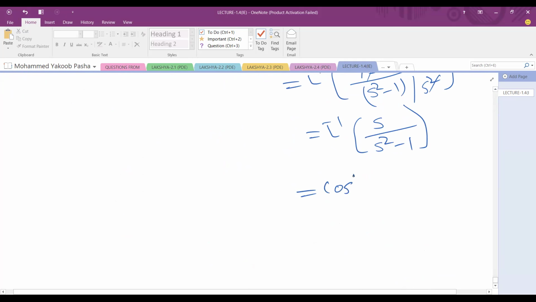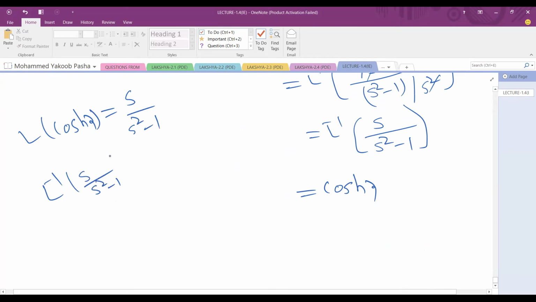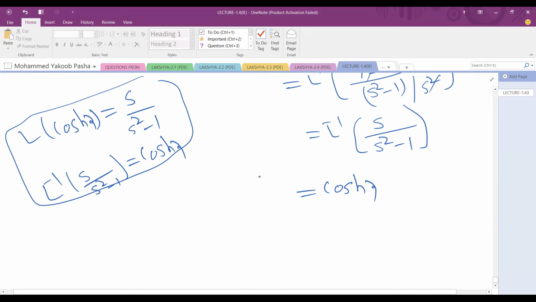Cos hx. We know the formula. Laplacian of cos hx is equal to s by s square minus 1. So that inverse Laplacian of s by s square minus 1 become cos hx.